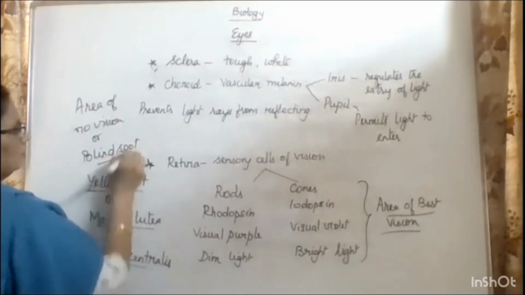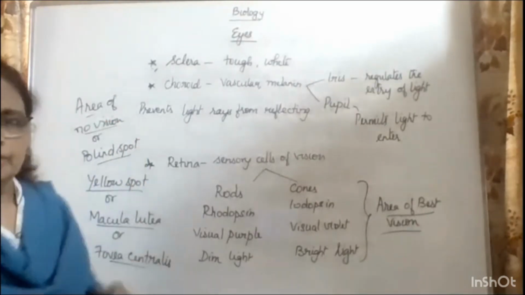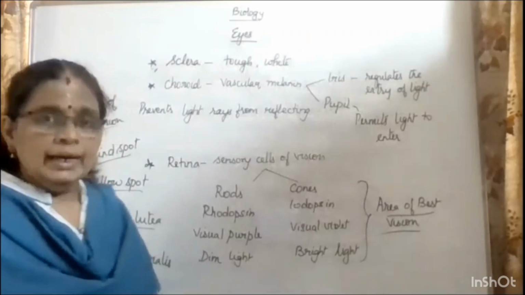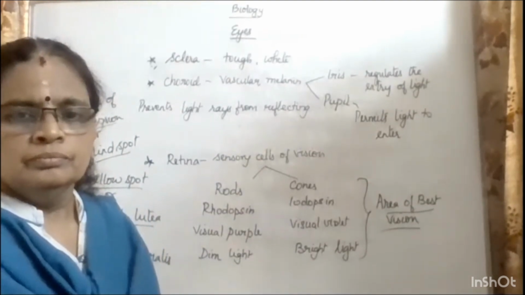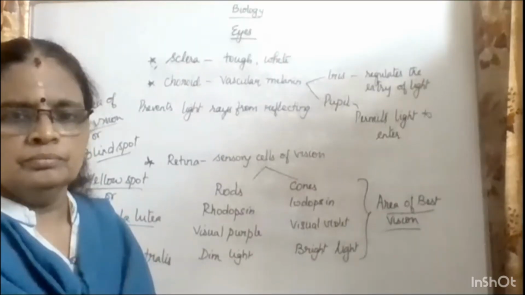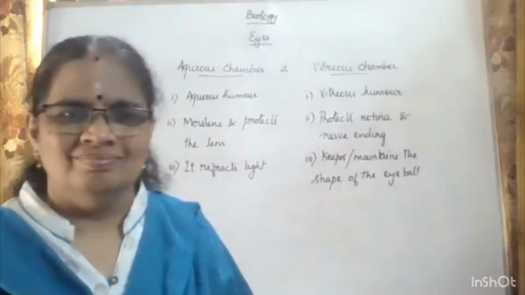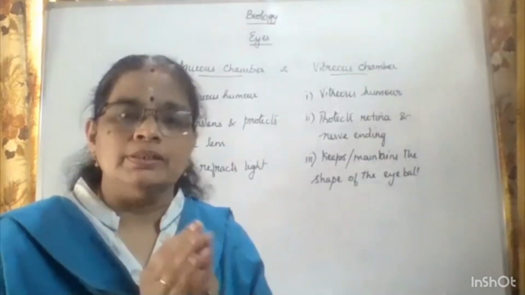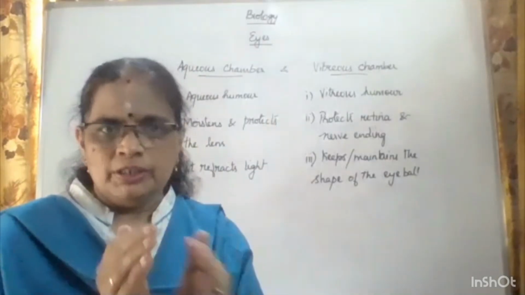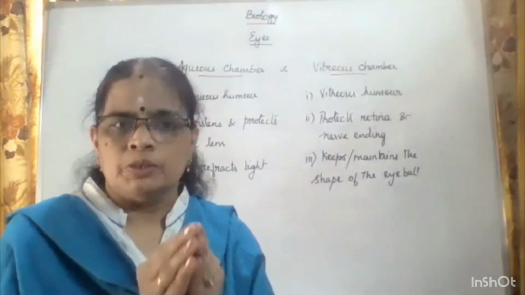Right. Now we go to adaptations of the eye. So now we go with the space that is present in the eyeball. In the front, we have some space known as the aqueous chamber.